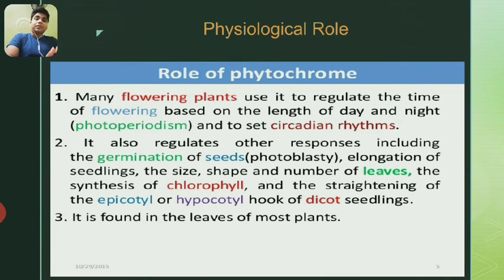Number two, it also regulates other responses including the germination of seeds, that is called photoblasty, elongation of seedlings, the size and shape and number of leaves, the synthesis of chlorophyll, and the straightening of the epicotyl or hypocotyl hook of dicot seedlings. Number three, it is found in the leaves of most plants.